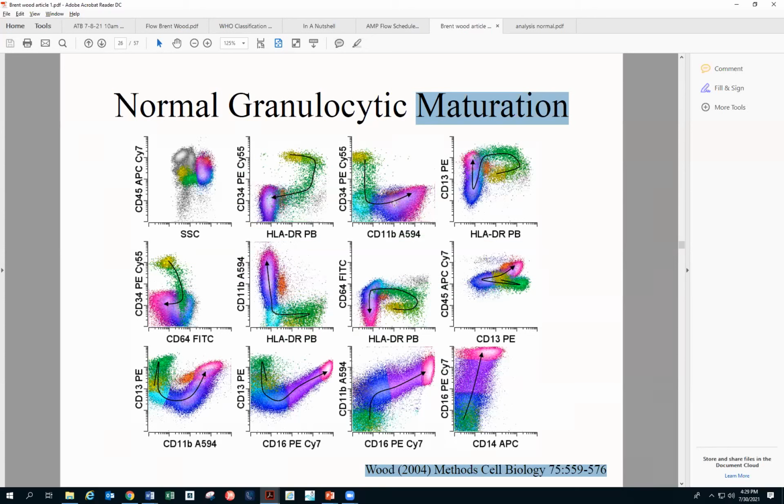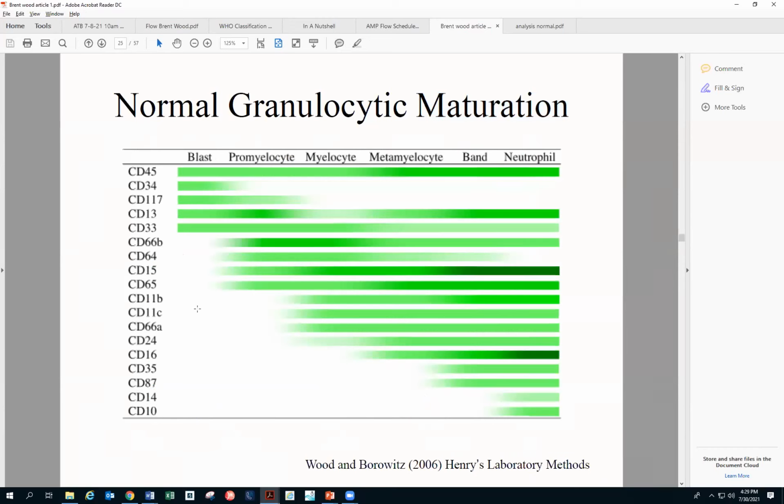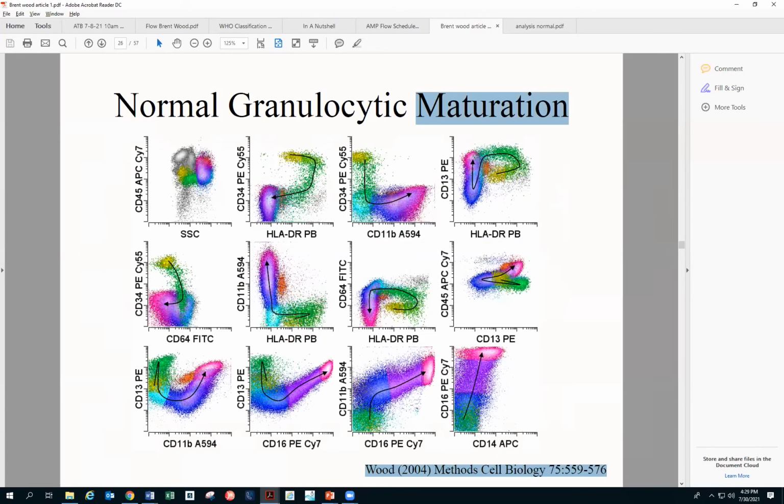Coming to 11B, it starts at the junction of promyelocyte and myelocyte, and it stays there in the more mature forms.